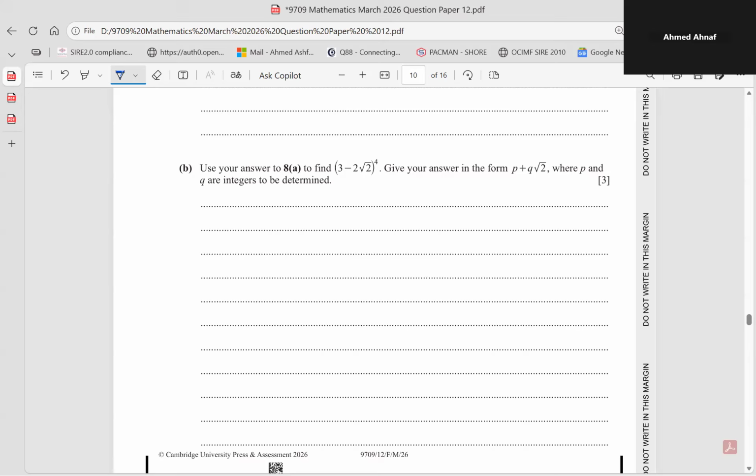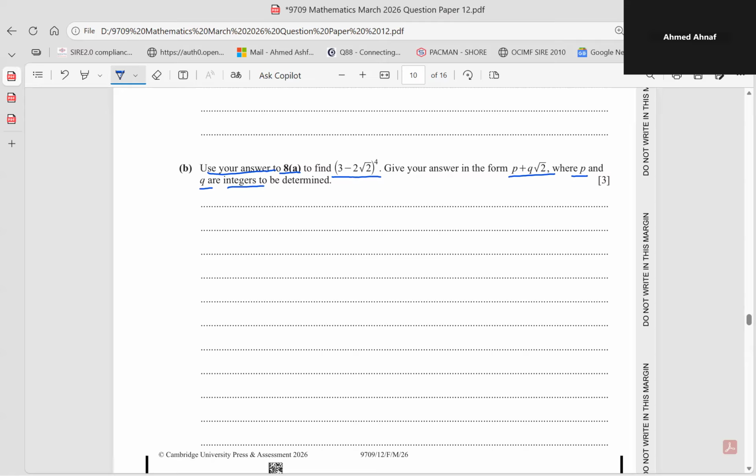Okay, so for the second part, we are told to use our answer to the previous part to find this expression, and we're told to give an answer in this form: p plus q square root 2, where p and q are integers.